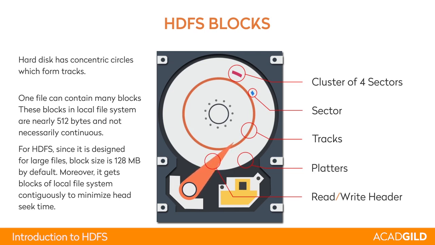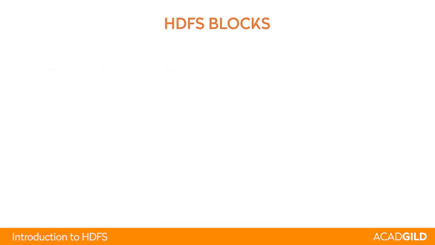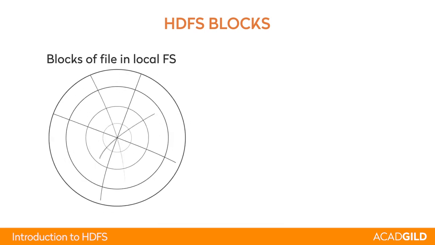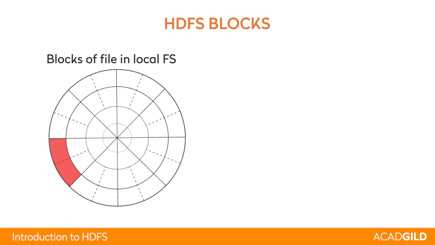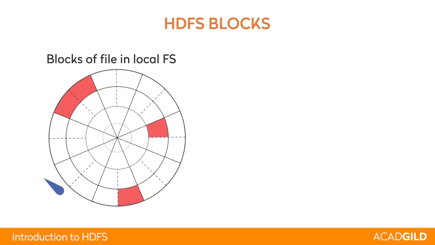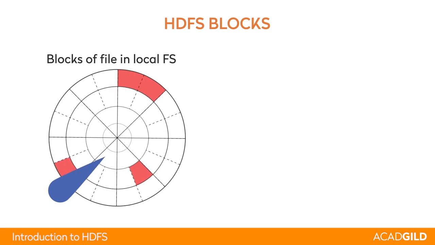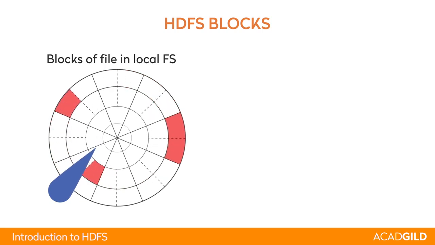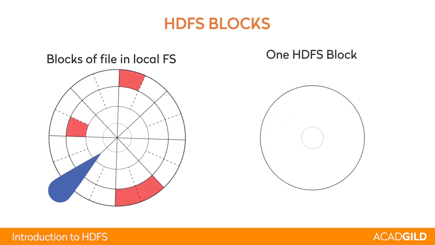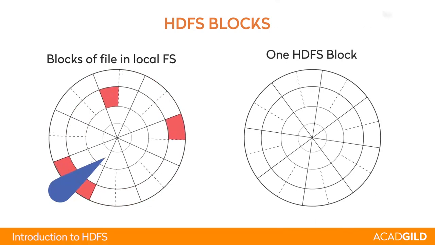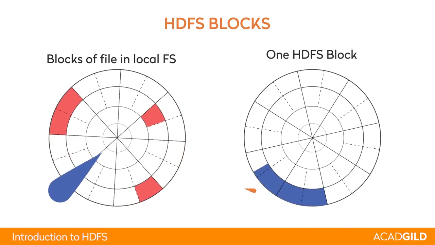Okay, let's go further. What happens in HDFS is it is different from the local file system. Why? If you have a file in the local file system, then the blocks of the file can be scattered. They may not be contiguous as we discussed. But one block of HDFS will be as contiguous as possible.